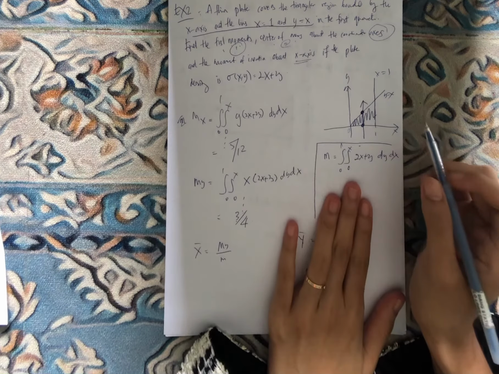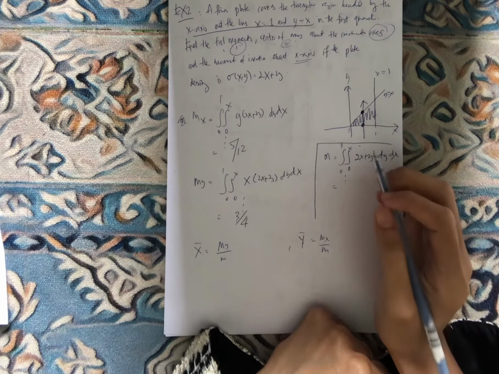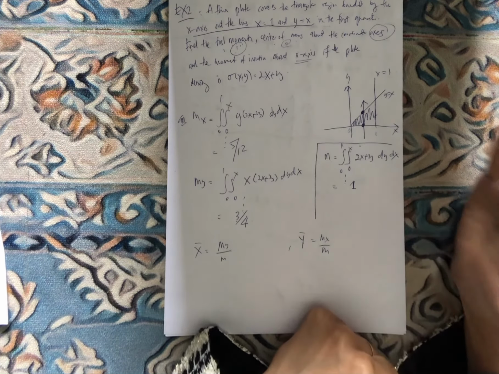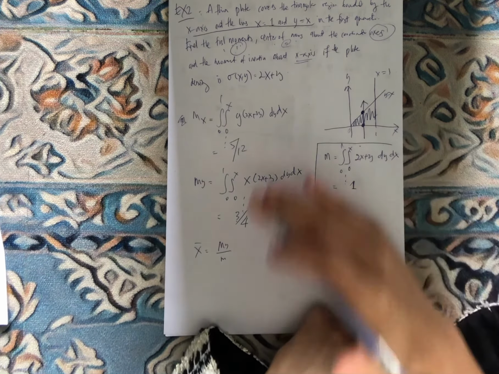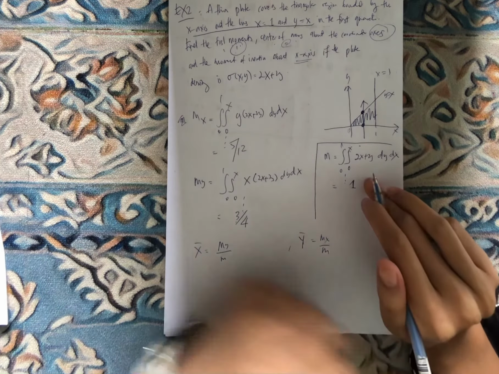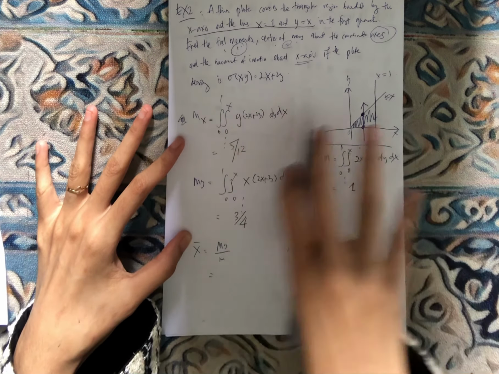Back to the formula for mass. You do it by yourself, and then you will get that your mass is 1. You may check with my answer. So what do we do next? Just substitute the information that you have here.